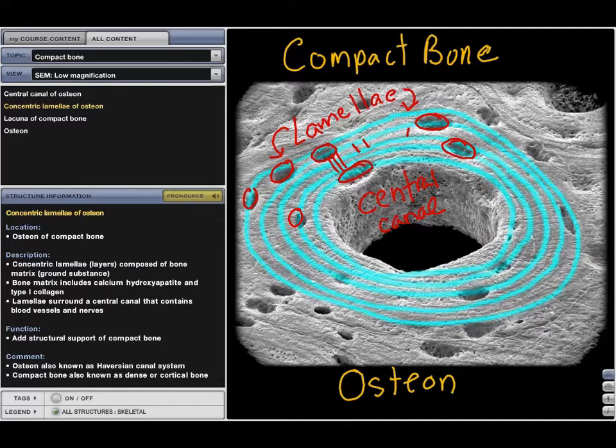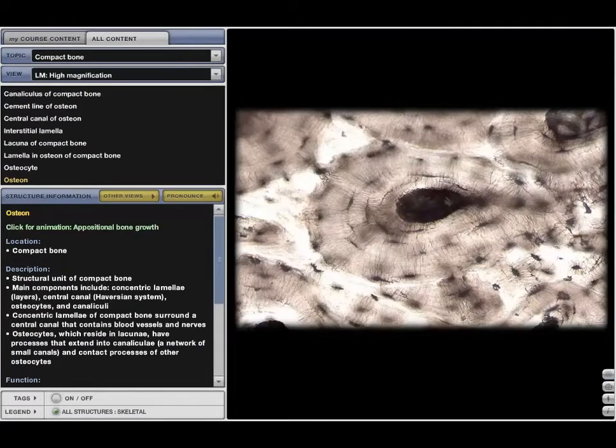So let's take a look at the histology of compact bone as you're going to view it under the light microscope in the lab. This slide shows a high power magnification of bone tissue, and it looks a lot like what you'll see under the microscopes in the lab. So we'll highlight some of the features of this tissue.